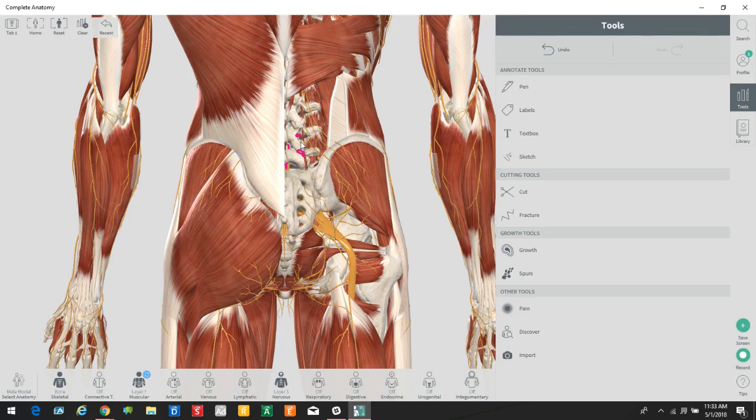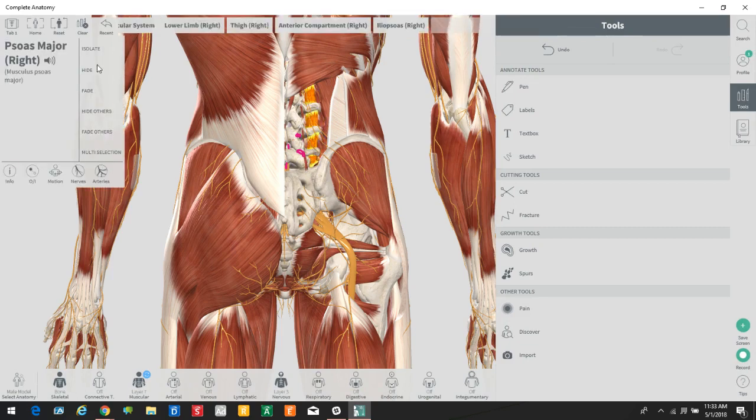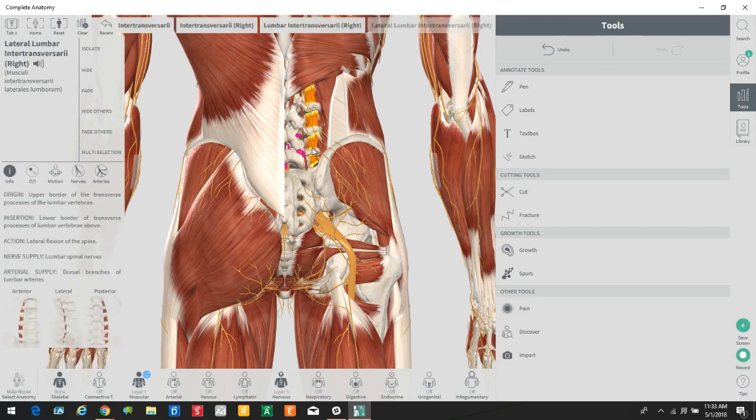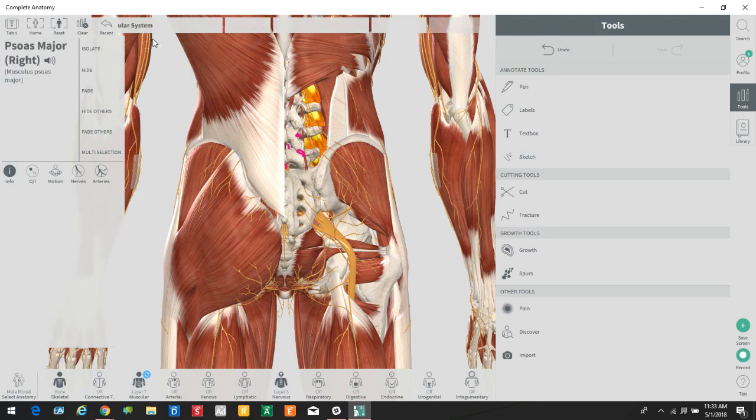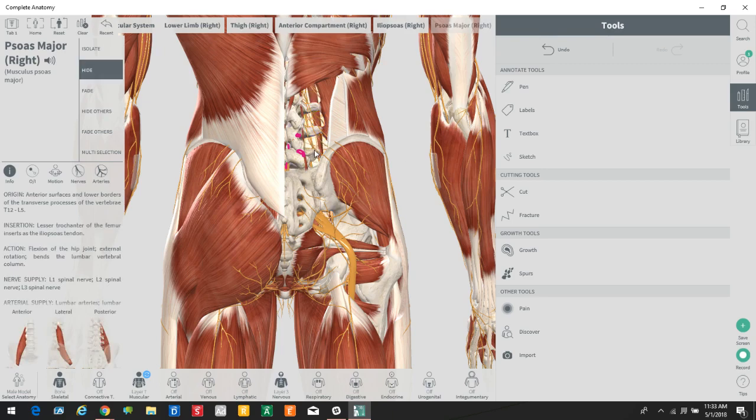Let me move this out of the way so you can actually see those nerves as they're coming out, just a little bit deeper into the spine. There you go. Those come down and form that sciatic nerve.